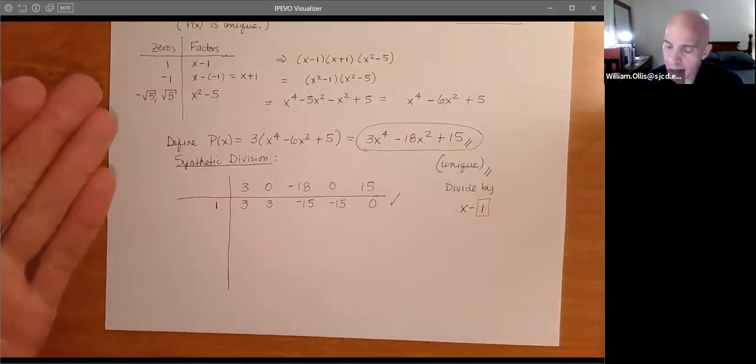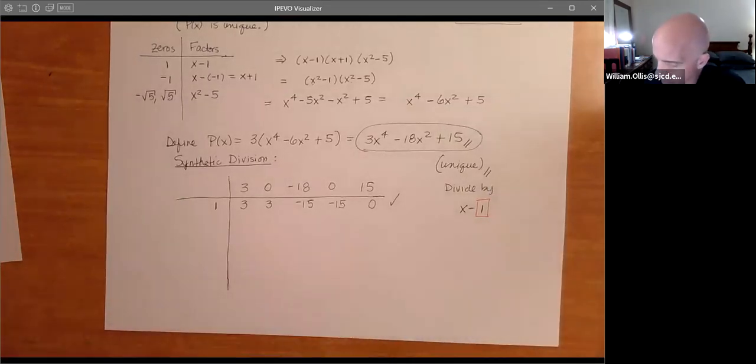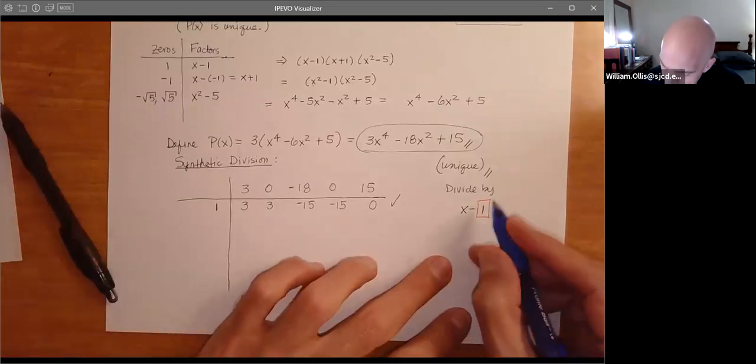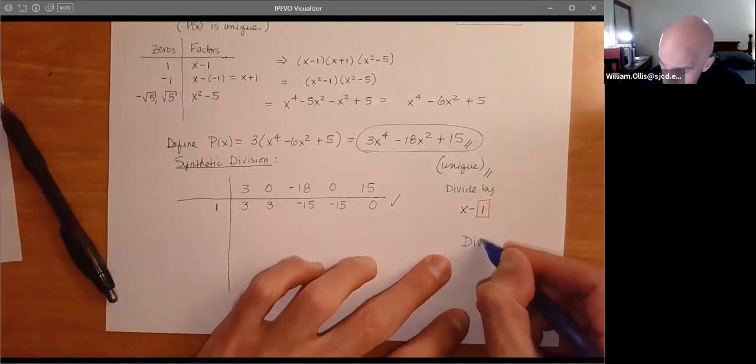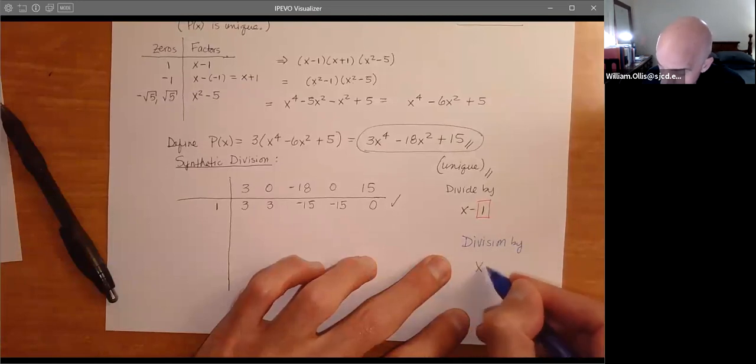So the idea here is that we can use this synthetic division process to use the remainder theorem in a much more efficient way. The key is that, and let me write this in more general terms, division by x minus c.